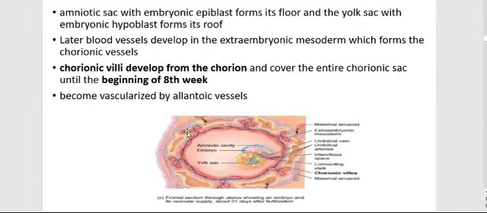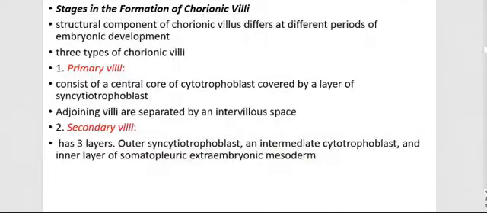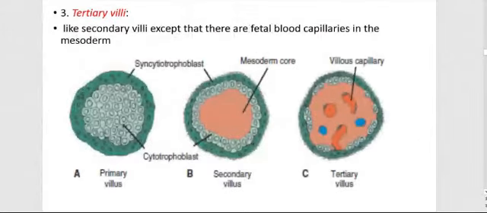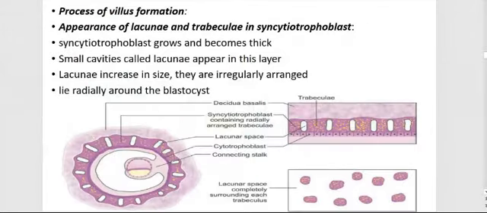So there is a blood vessel, then the extraembryonic mesoderm, and then the cytotrophoblast. This one shaded in very light brown is the syncytial trophoblast. So this is a chorionic villus, and another one, and they are projecting into the decidua basalis, the maternal part of the placenta.